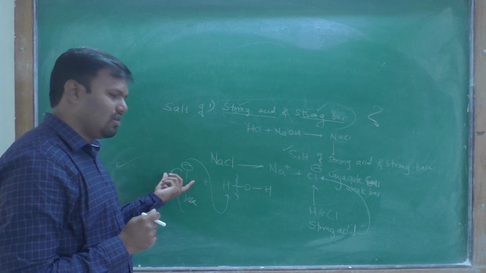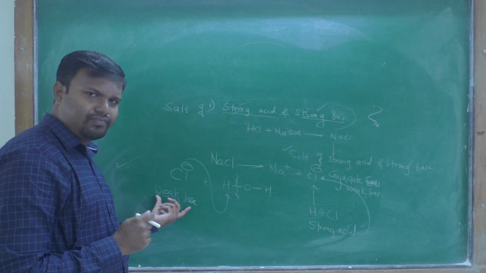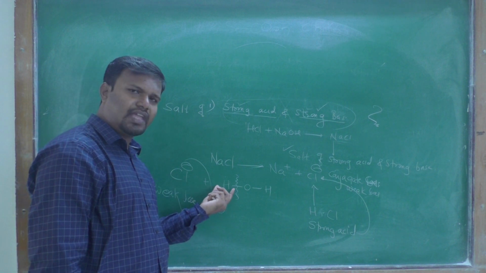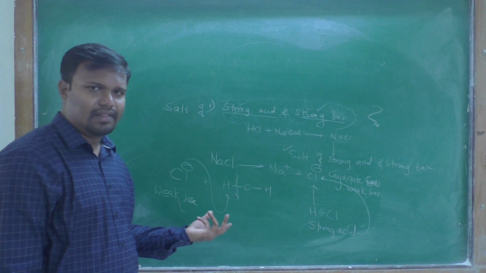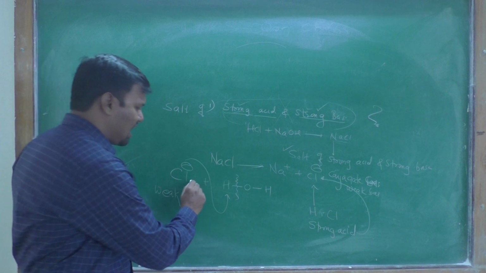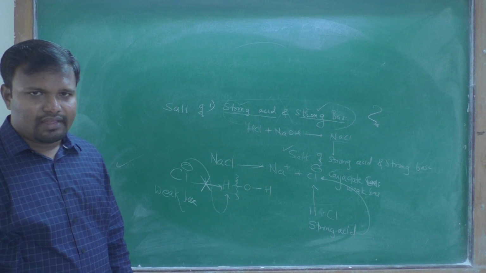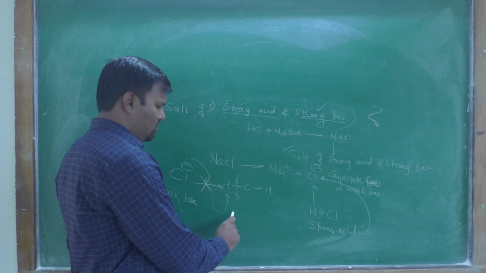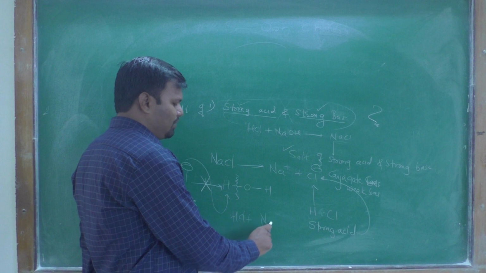But it is a weak base, therefore it is difficult to abstract or remove H from the H2O. Therefore, in this case, hydrolysis is not possible. No HCl you obtain, and no NaOH you obtain in this case.